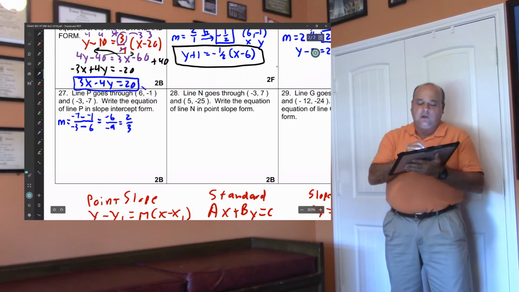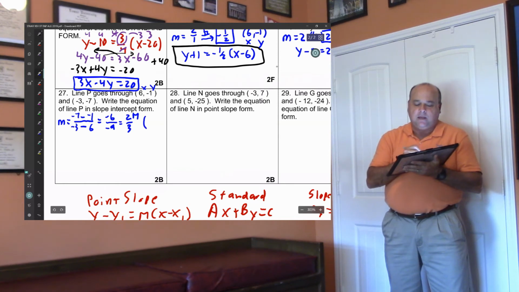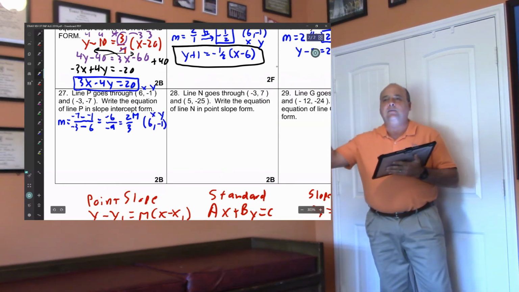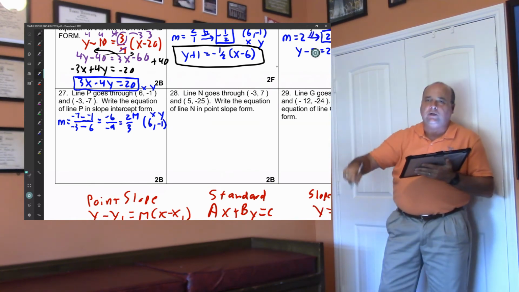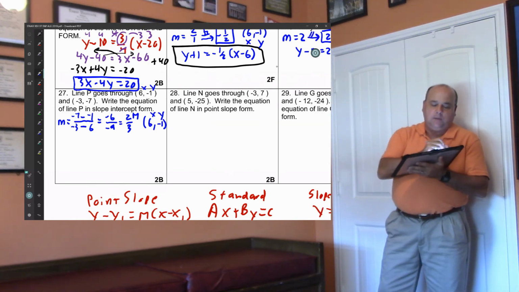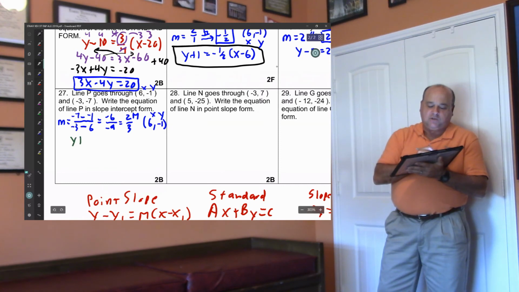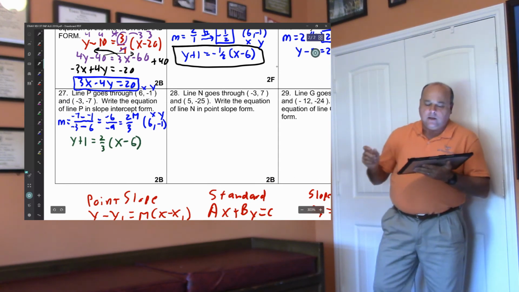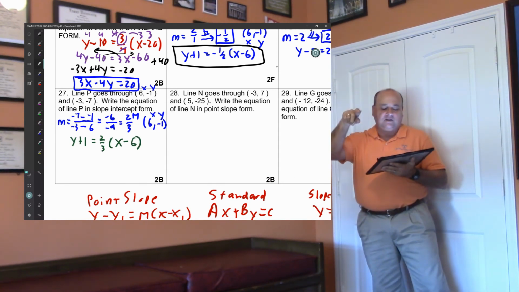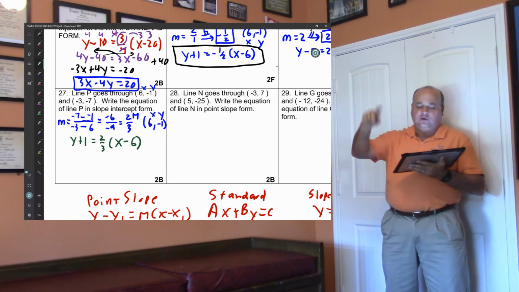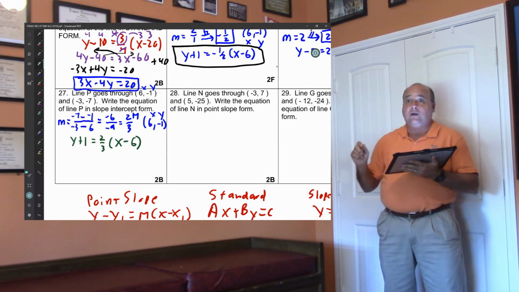Now then, I'm just going to use the first point, and that's going to be my x and y. So this is my m, 6 and negative 1 is my x and y, and now I'm going to plug it into point slope and switch it. So point slope would be y plus 1 equals 2 over 3 parentheses x minus 6. So the negative 1 switched to a plus 1. I dropped the 2/3 and the plus 6 switched to a minus 6.